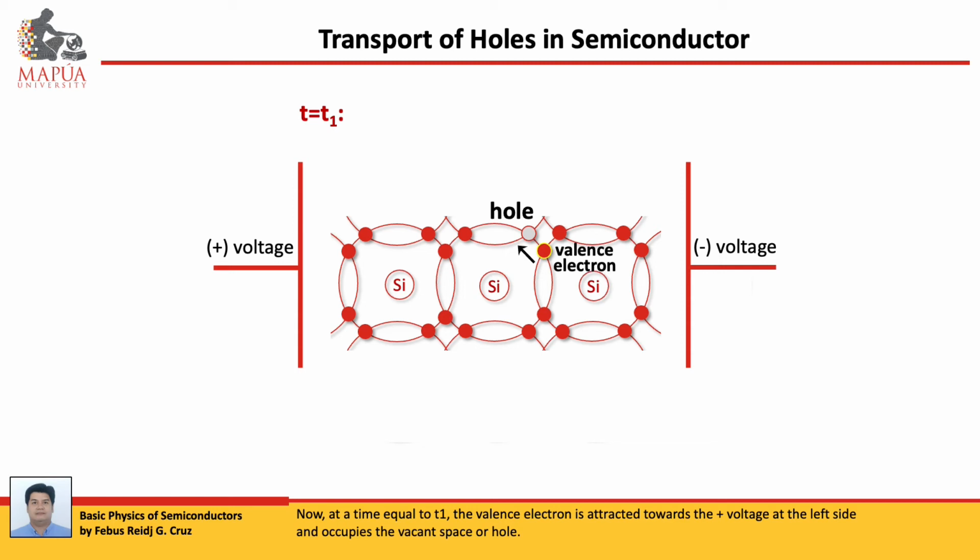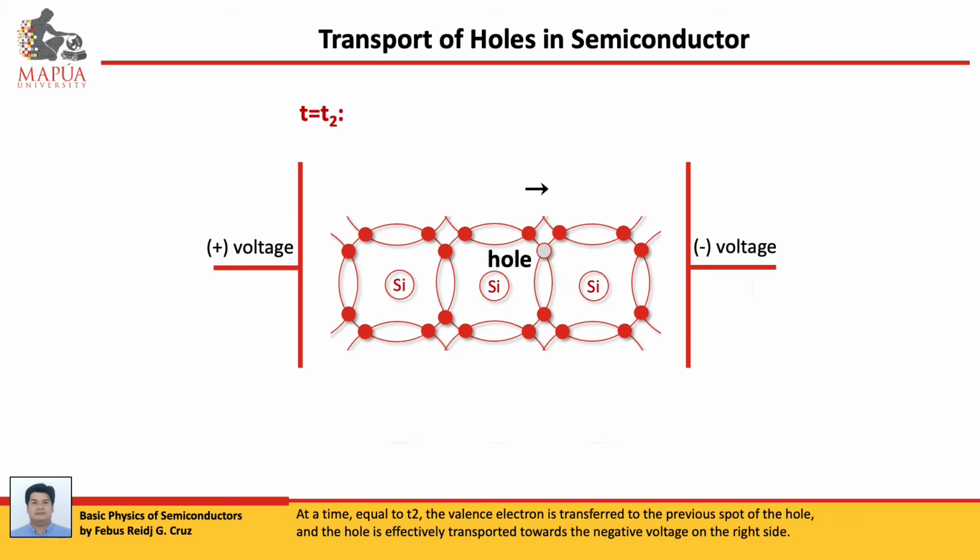Now, at a time equal to T1, the valence electron is attracted towards the positive voltage at the left side and occupies the vacant space or hole. At a time equal to T2, the valence electron is transferred to the previous spot of the hole, and the hole is effectively transported towards the negative voltage on the right side.